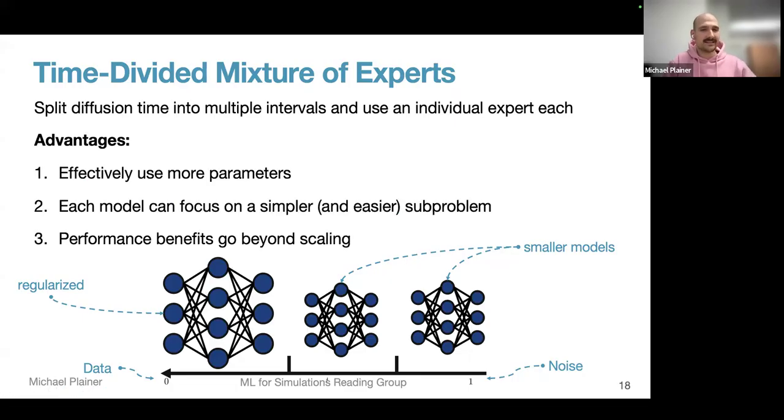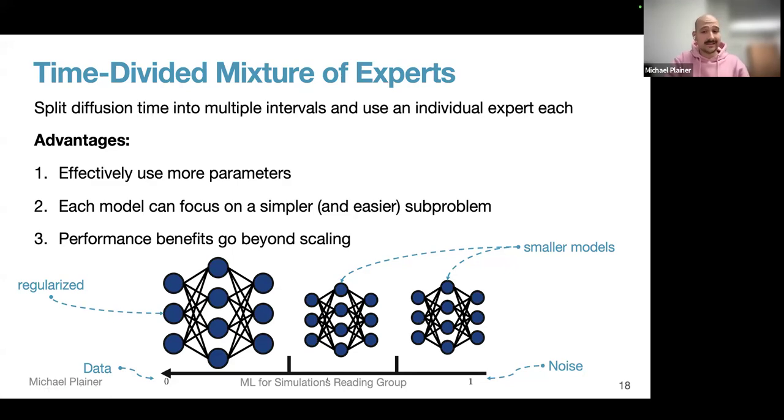Interestingly, this gives us a few advantages. One of which is that we can use more parameters. Imagine we have 3 different models and split our time into 3 ranges. We can max out our GPU memory for each model, so basically we can use 3 times the number of parameters.